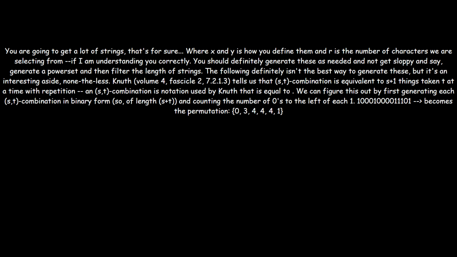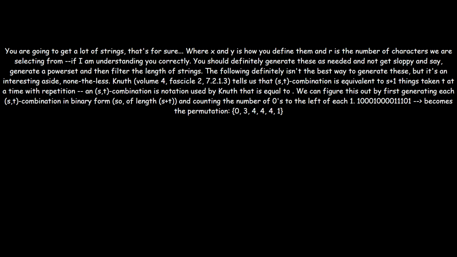The following definitely isn't the best way to generate these, but it's an interesting aside. Nonetheless, Knuth, Volume 4, Fascicle 2, 7.2.1.3, tells us that the s,t-combination is equivalent to s plus 1 things taken t at a time with repetition, and the s,t-combination is notation used by Knuth.